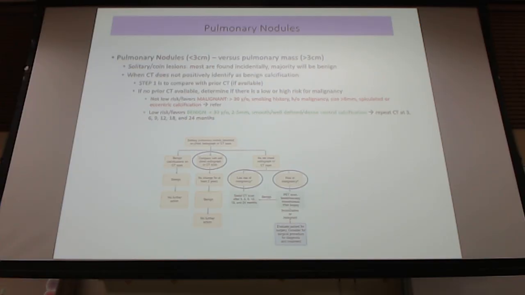Here's our nodules. Those three that I circled there. So no, this is important. I'll circle it again. All right. Check to see if we have old images, if you can.